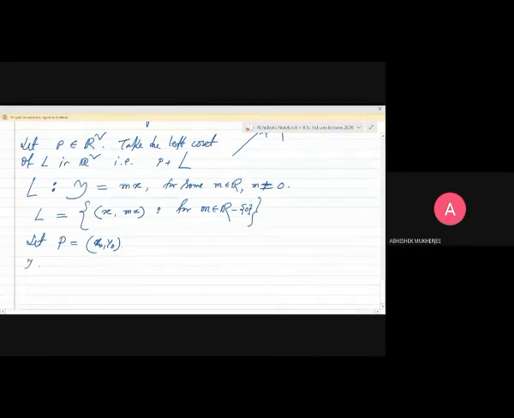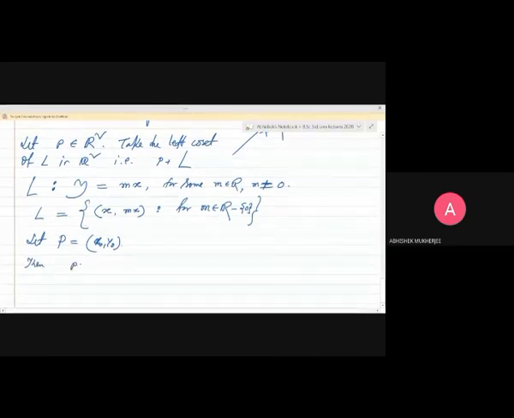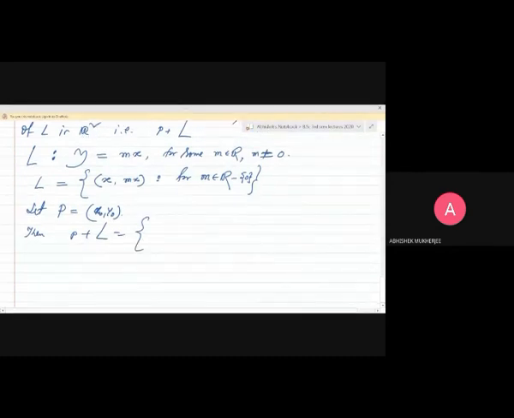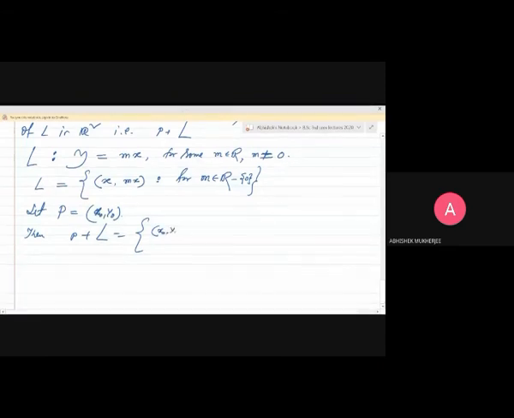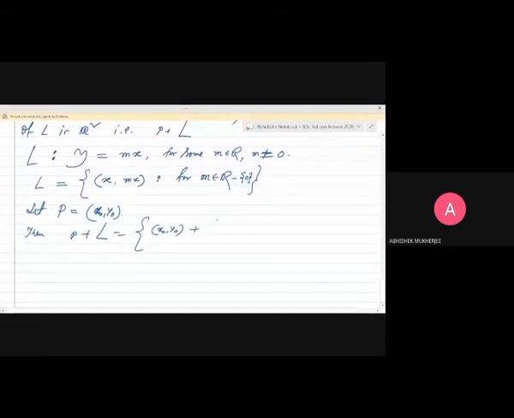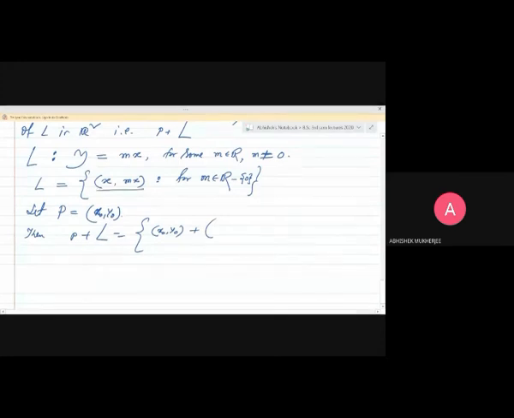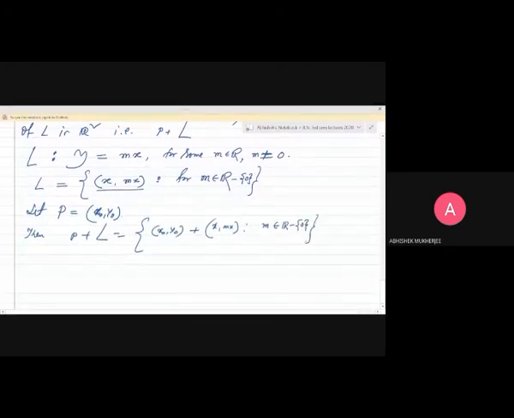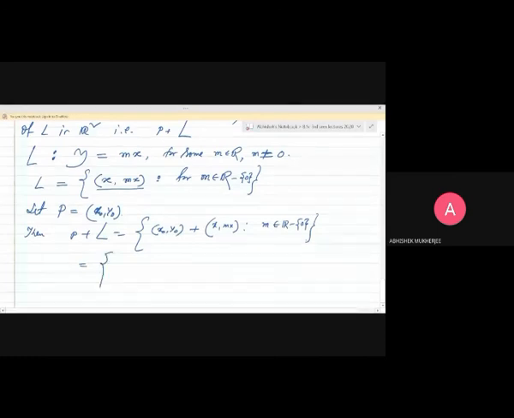Then what is P plus L? The P plus L will have the elements of this form: (x0, y0) plus the elements of L, (x, mx), where m belongs to R minus 0, for some m.